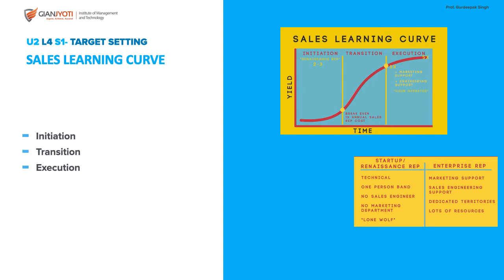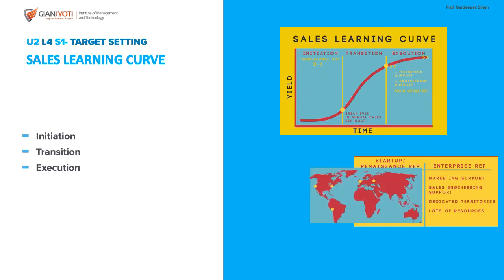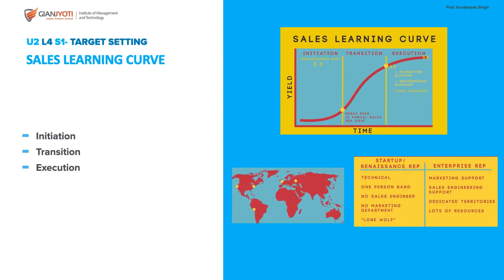Now, one of the questions here is, when you have reached the execution stage, where will the Renaissance rep go? So what generally the companies do, since they are growing, they are expanding, they are entering new territories.